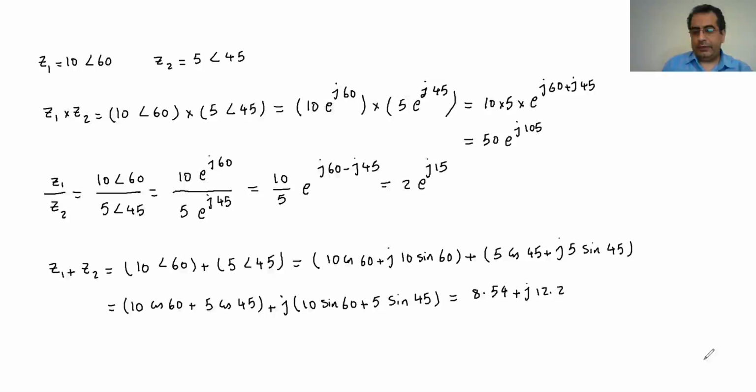So if I want to put it in general form, again, assume I have z1 with angle of theta 1, and I have z2 with magnitude of z2 with angle of theta 2.